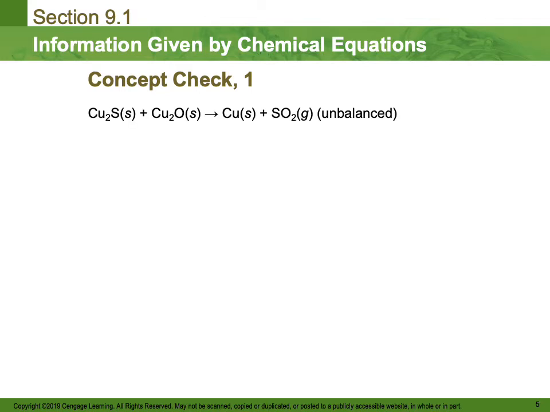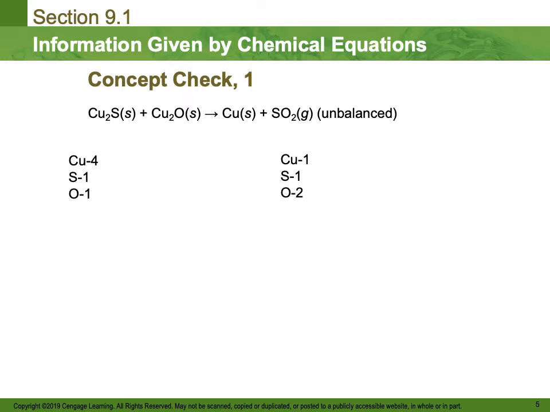So let's start with our unbalanced reaction. We can see in this unbalanced reaction that we have 4 atoms of copper, 1 atom of sulfur, and 1 atom of oxygen in the reactants, and we have 1 atom of copper, 1 atom of sulfur, and 2 atoms of oxygen in the products.